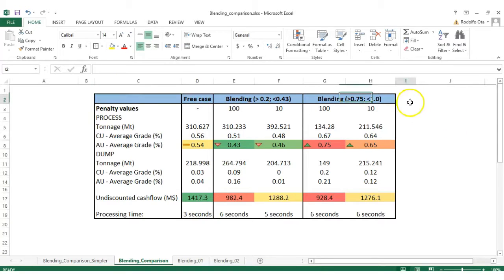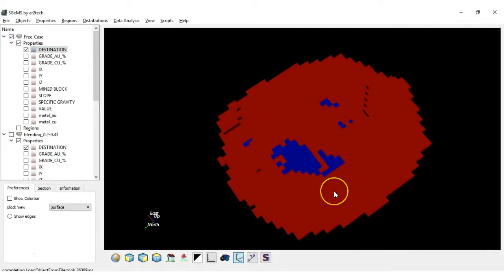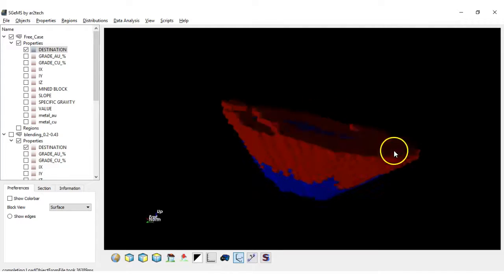But the difference is not just about the grades or the discounted cash flow in the information reported by the software. The difference also applies to the blocks decision because you're running a totally different scenario with different parameters, and this influences the blocks decision and the shape of the pit as well.